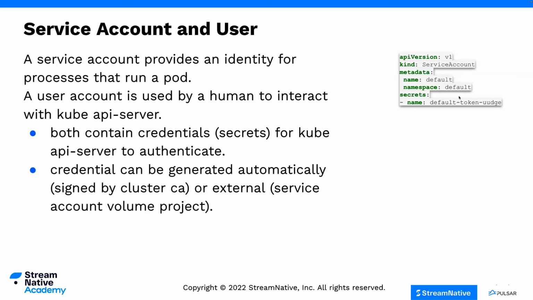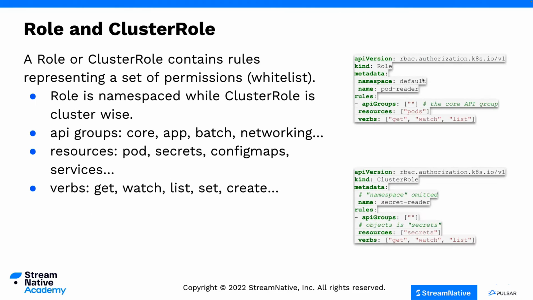For example, a service account, right? You define a name, right, and give it a secret password, something like that. And you can define a role. The role basically defines what you can do with which resource. For example, this role can get pod, watch pod, and list pod, right?